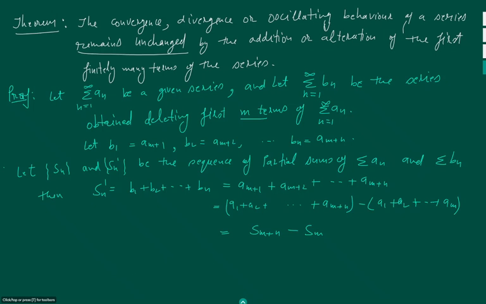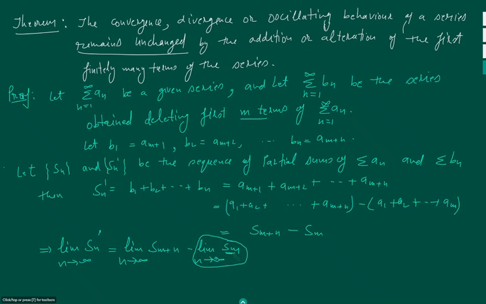So this implies the limit of Sn dash as n tends to infinity is equal to the limit of S(m+n) as n tends to infinity minus the limit as n tends to infinity of Sm. But this limit is the same because Sm is a constant.